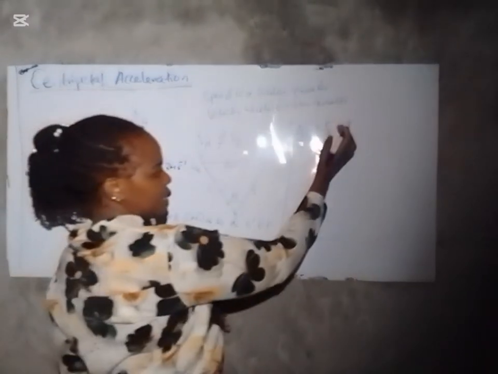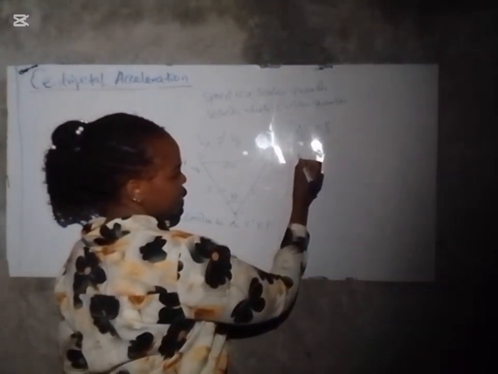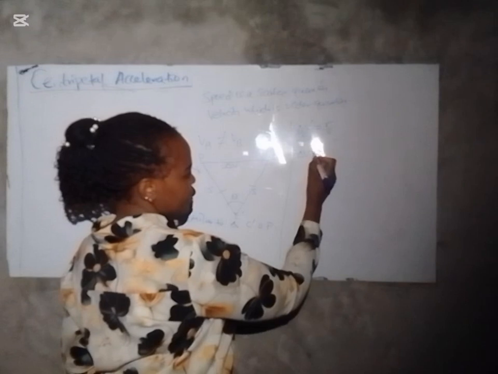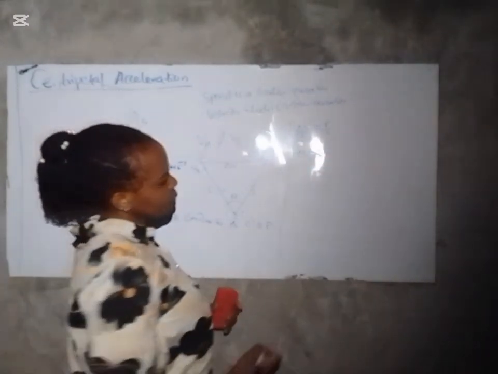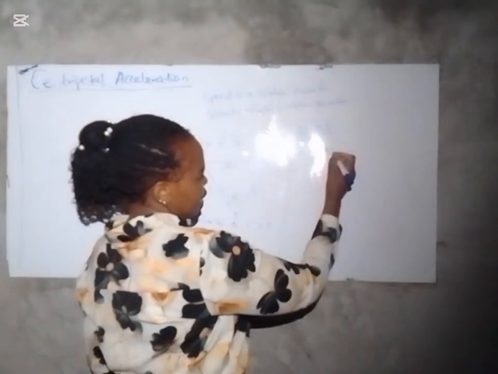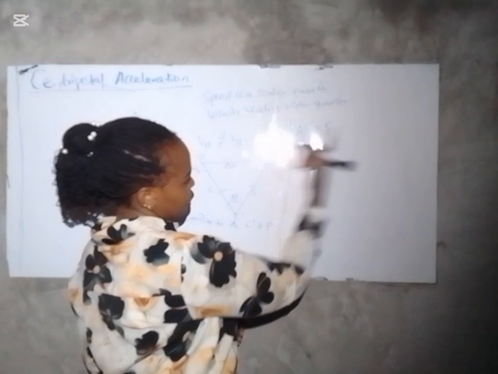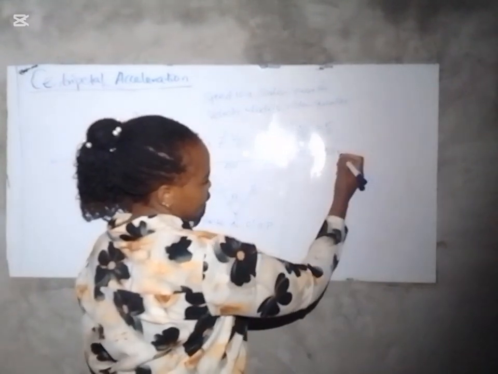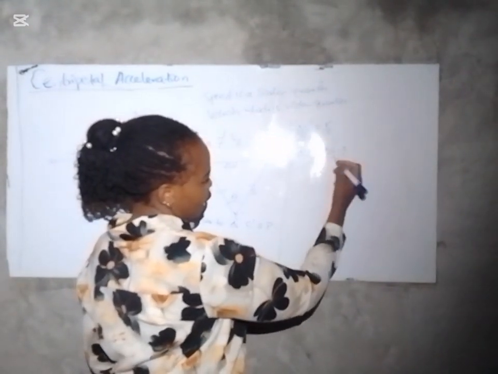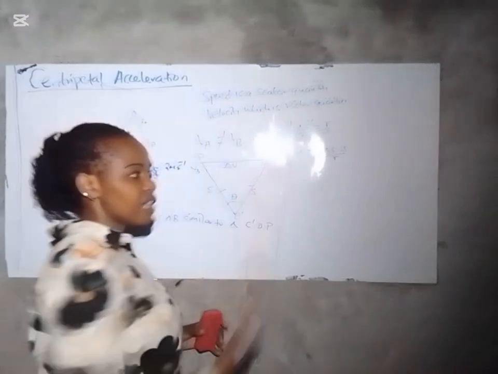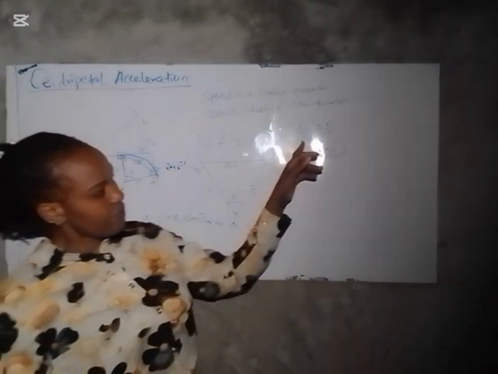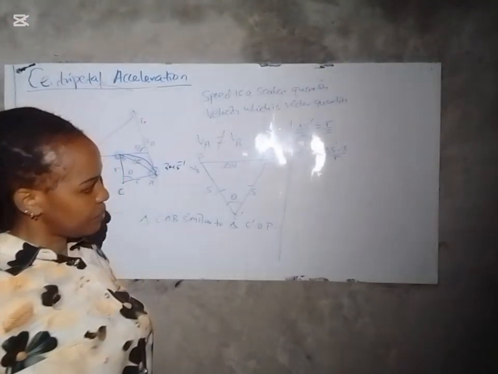So if I multiply by delta V both sides, then delta V will be equal to delta S prime times S over R. Okay, I'm just rearranging the equation so that delta V becomes the subject.